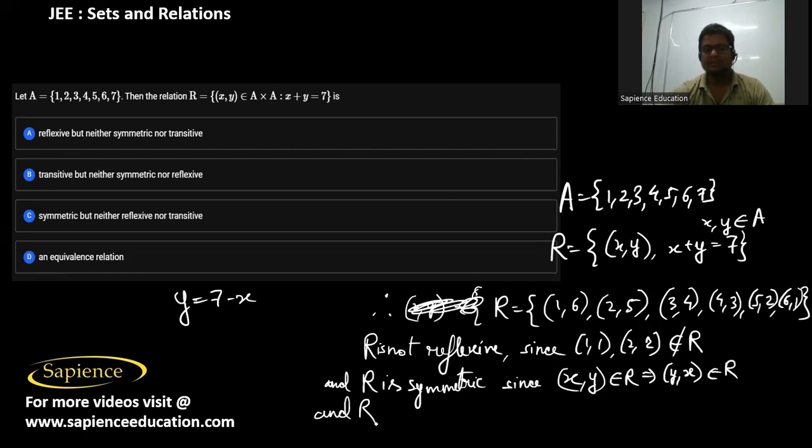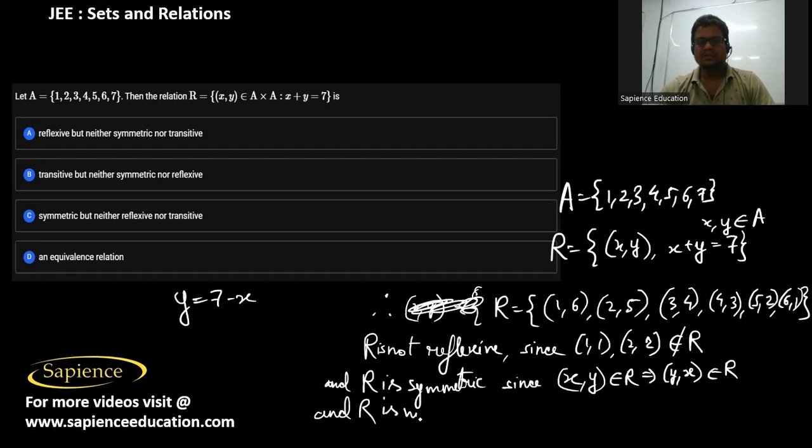And R is not transitive, since 3 comma 4 is there.